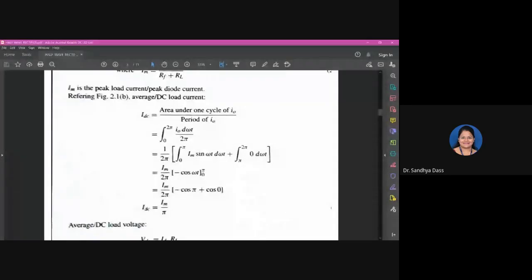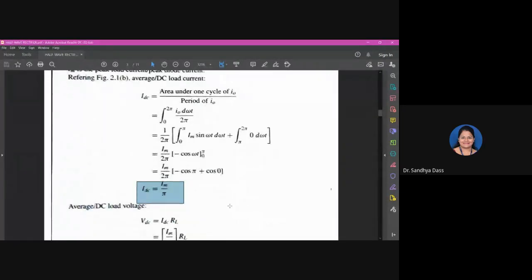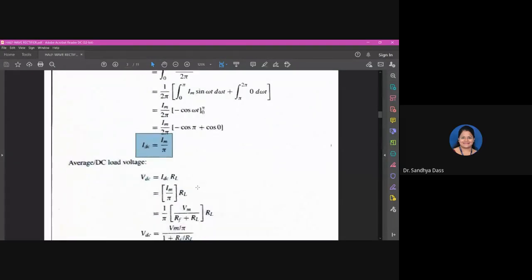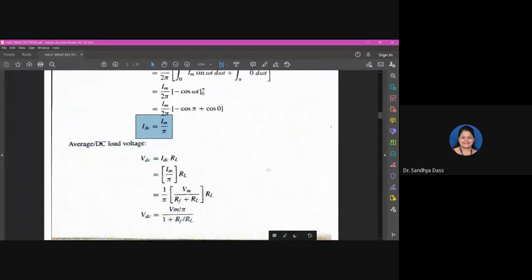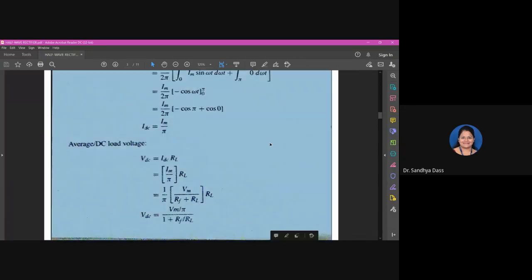So that is your average DC output current, IDC equals Im by pi, where Im is your peak value of the current, divided by pi. This we had discussed earlier during the initial class. Now observe here the average DC output voltage, VDC. IDC is your DC output current. VDC will be simple Ohm's law, V is equal to IR.